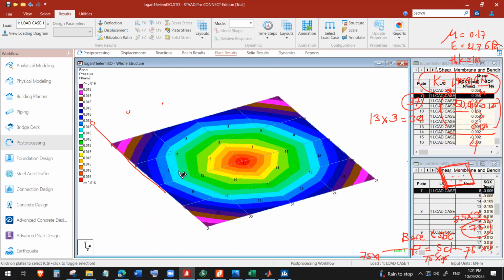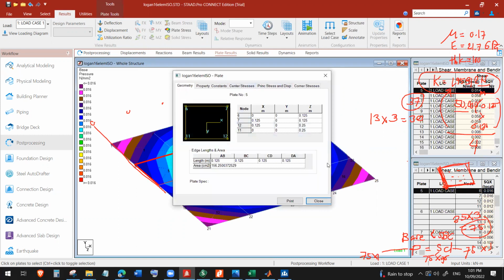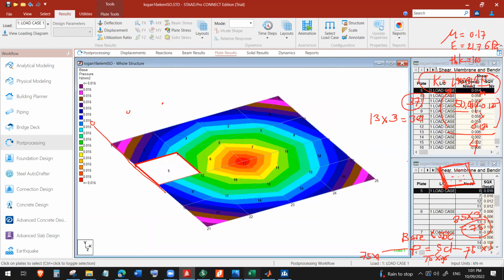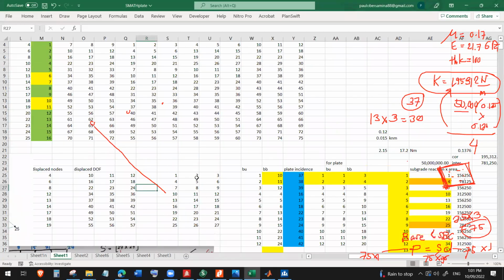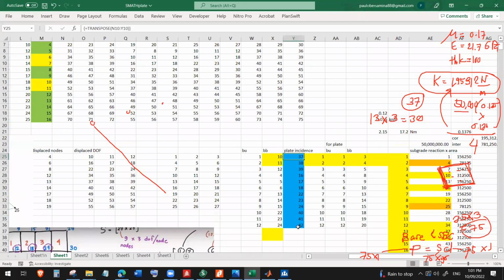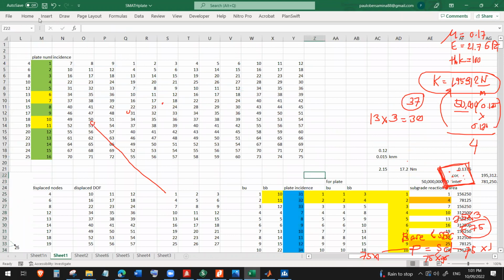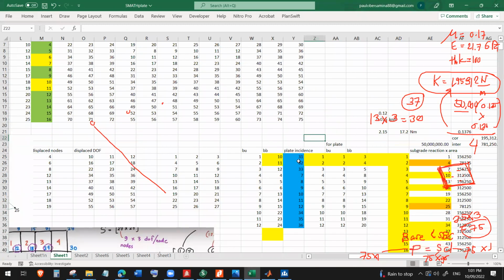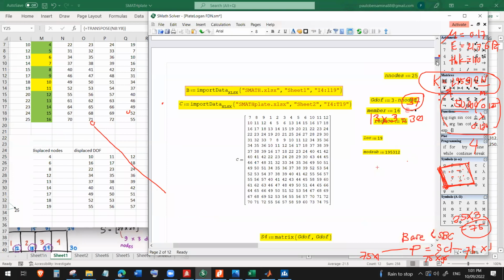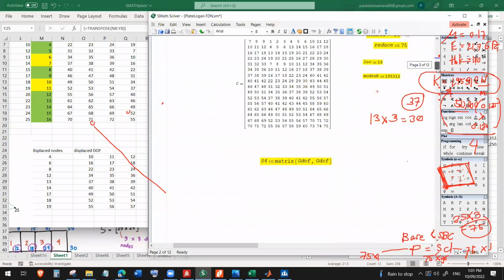How about the plate moment? Let's try plate number 5. So I'll update plate number 5. I'll move here, then Control Shift Enter and save. So that basically updates the moment.